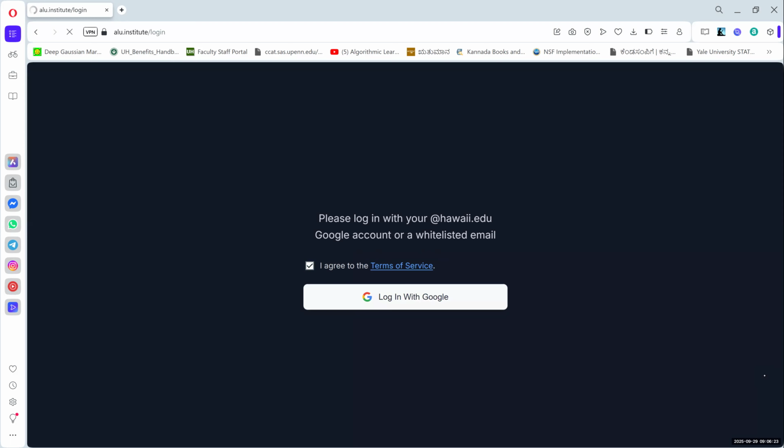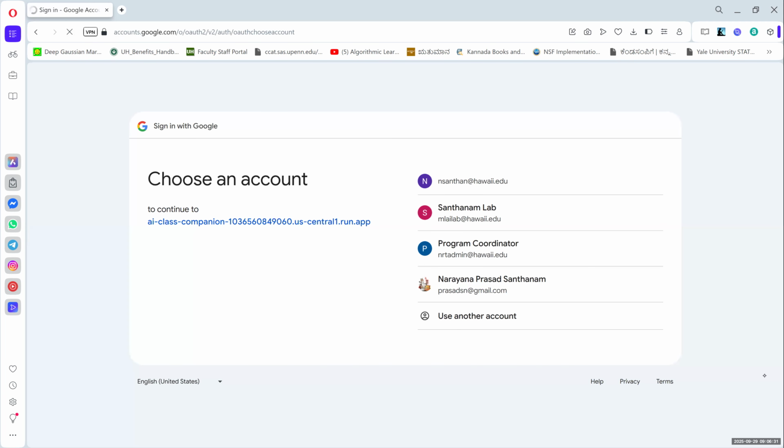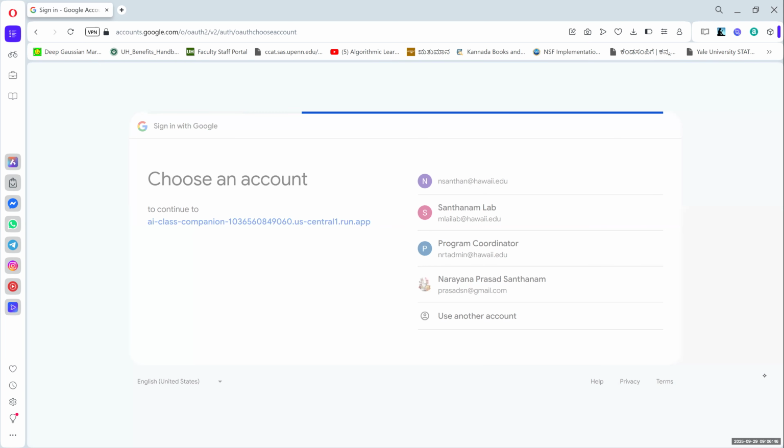Just go to this site. I think there is another process running in it. Institute, yeah, just go to this and you'll find the companion there. It's running in a different URL.